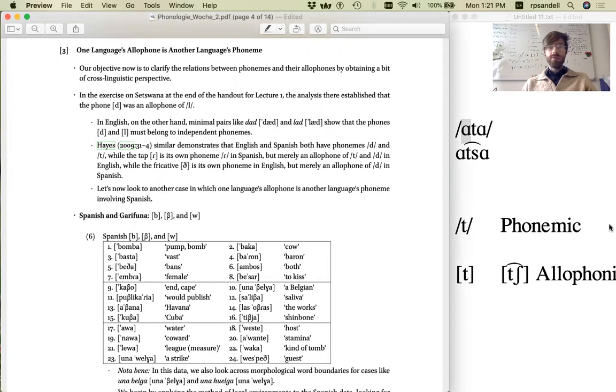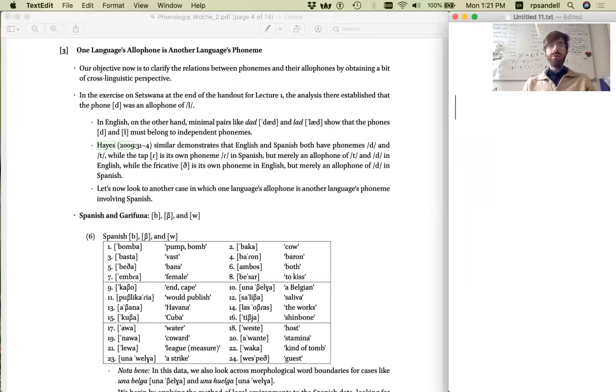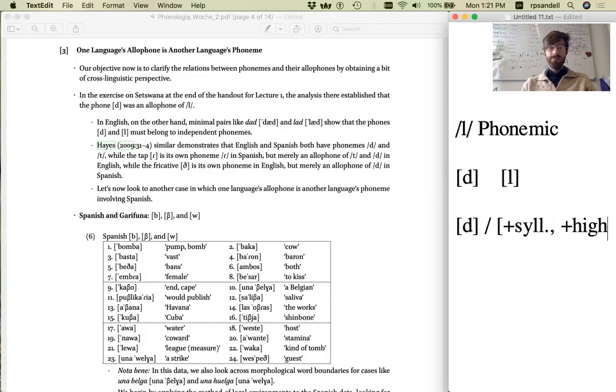To take one short example, think back to the exercise on the Setswana language that we worked out in our exercise session last week, in which we established that the Setswana language had an alveolar lateral phoneme, and that this sound had two allophones, da and la, where the stop allophone occurred in the context of high vowels, I believe was the environment that we found.